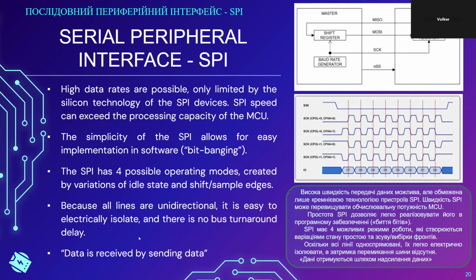One of the lines goes from the slave peripheral device to the microcontroller. The other line sends data from the microcontroller to the peripheral device, or to the external device, I should say. So because of this, you can very easily use four optocouplers to isolate a slave device.